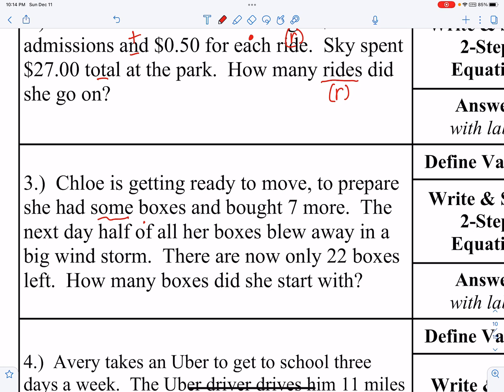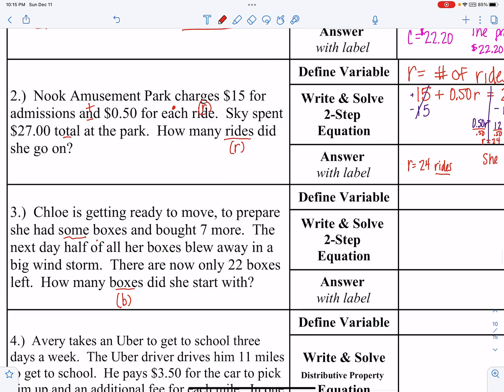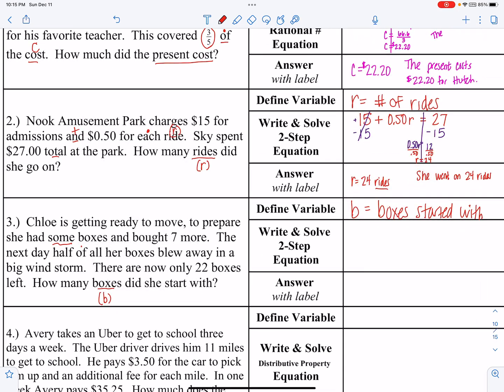Let's keep going. There are now only 22 boxes left, so that's the remaining total. How many boxes did she start with? So the question is how many boxes. It could be B for boxes, which also lets me know that my unknown is the variable there. Let's define the variable: B is going to equal the boxes she started with.